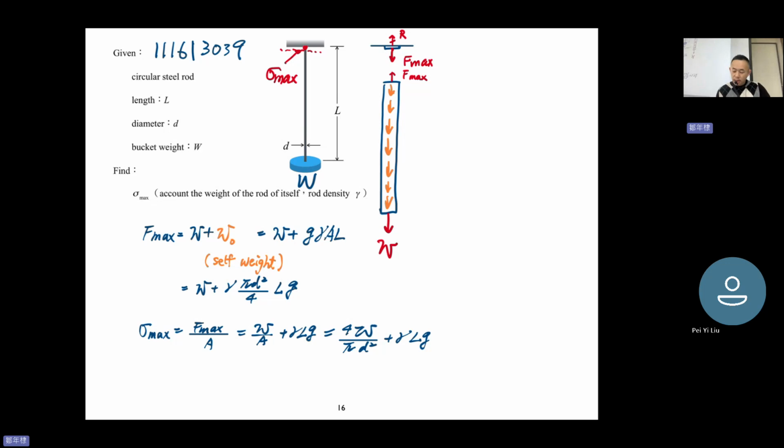Right. So now you can imagine that every point in this bar may have a different stress value. You can imagine that sigma max, and then it slowly decreases.